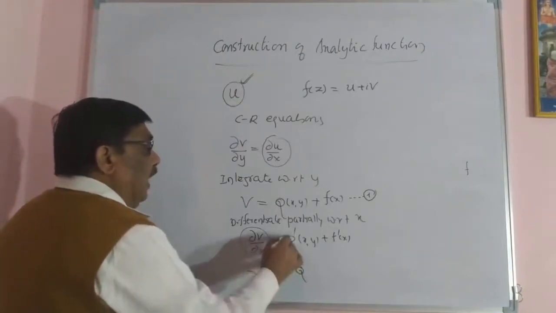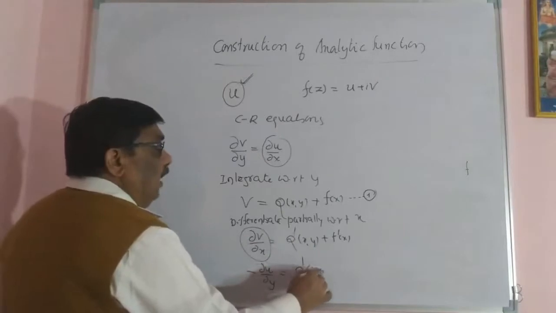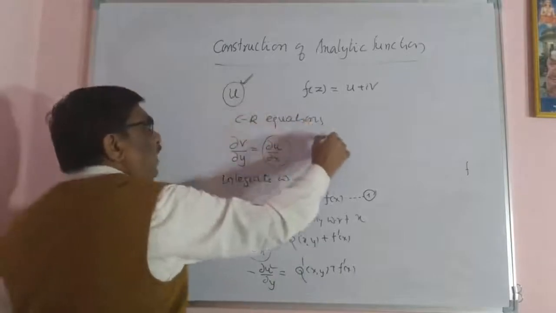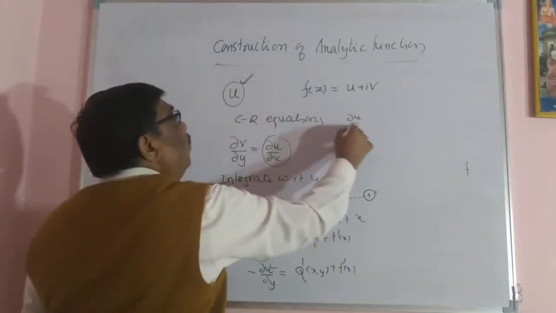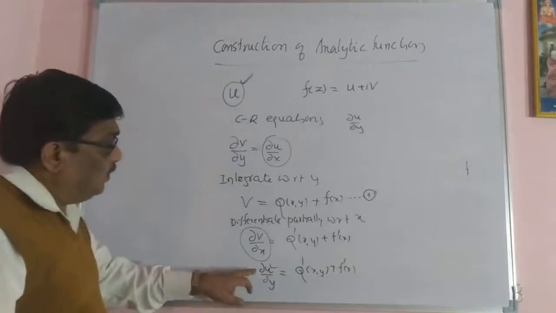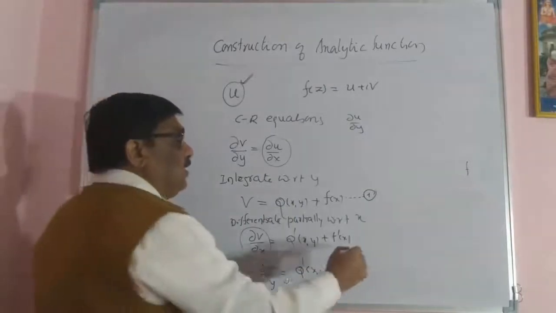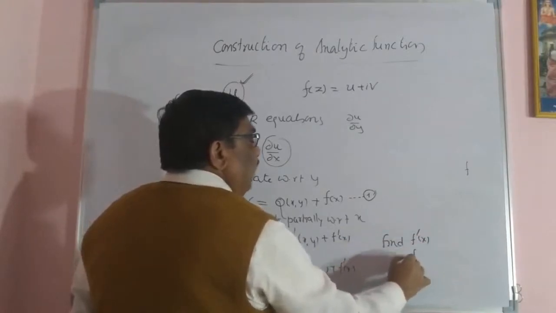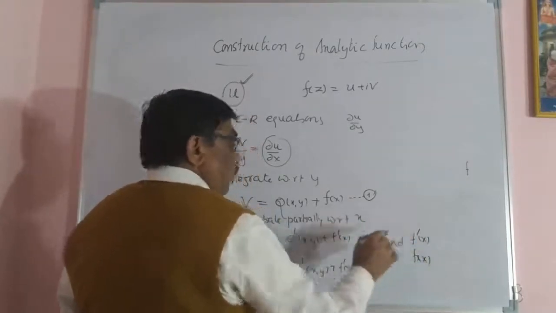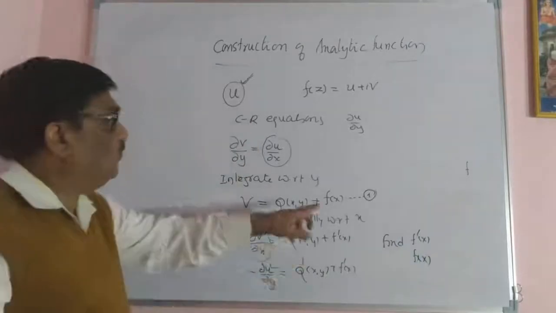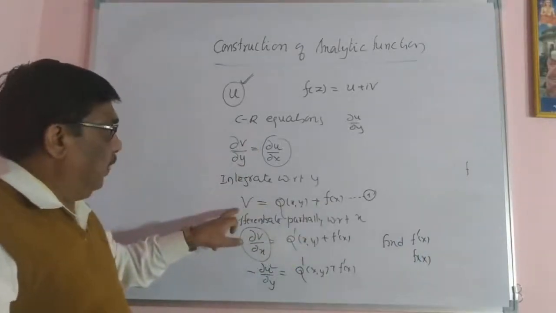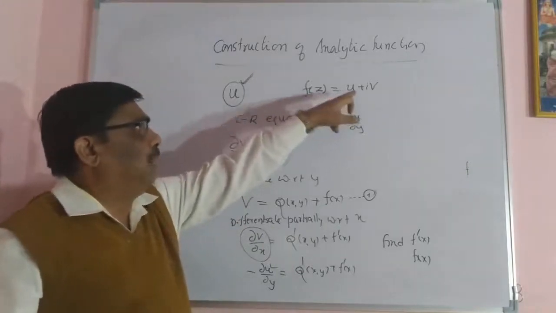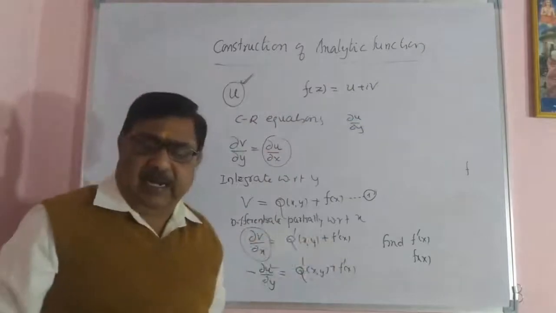This you can find with the help of the given u. Substitute here and solve for f dash of x. Then find f of x, and substitute here. You will get that v. After getting this v, use it in the formula f of z equal to u plus iv. That will be the analytic function.